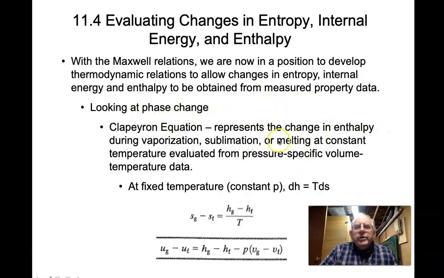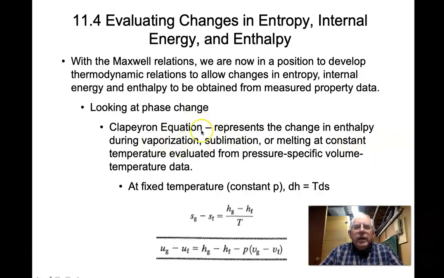And so this equation can determine the change in the enthalpy during that process during a constant temperature process, because we typically think of the phase change occurring at a constant temperature.